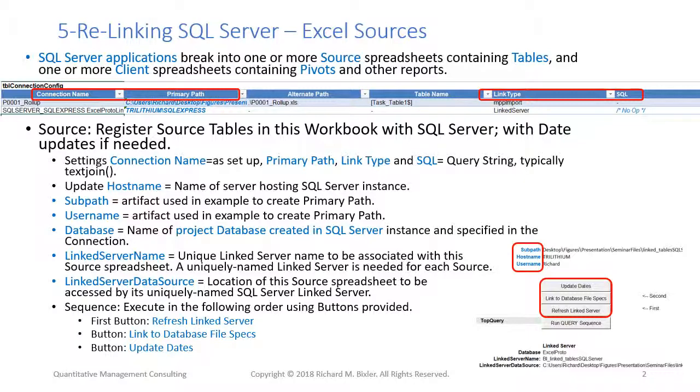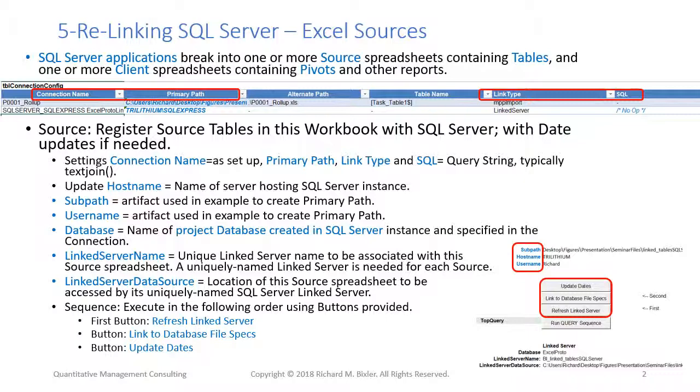That link server should be named for the workbook that the link server connects to containing source tables, and link server data source, the full path to the workbook containing the source tables, are used to configure SQL strings that configure a link server. You must create 3 named SQL strings. The SQL is covered in video OPI SQL Server Part 3 Stored Procedures and OpenRowset, Section 7, Automating Link Server Setup. Name the strings as follows.